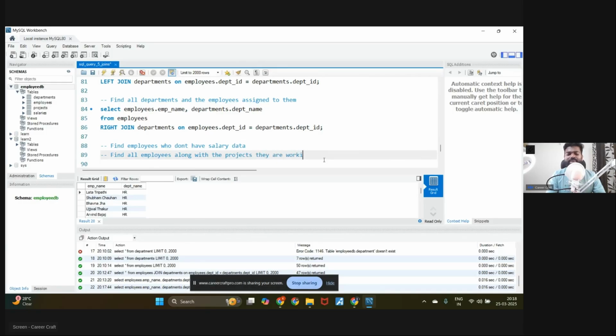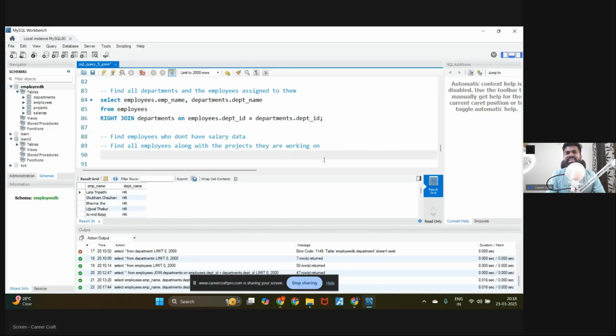And the third one, if you are able to do it, it means you have achieved a good proficiency level in MySQL: retrieve all employees and their departments.